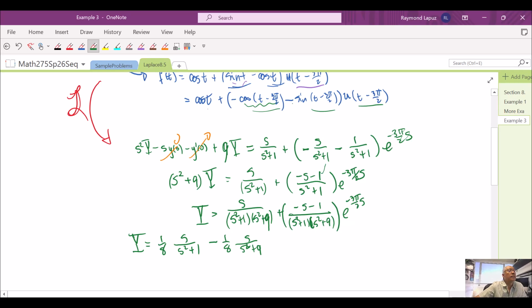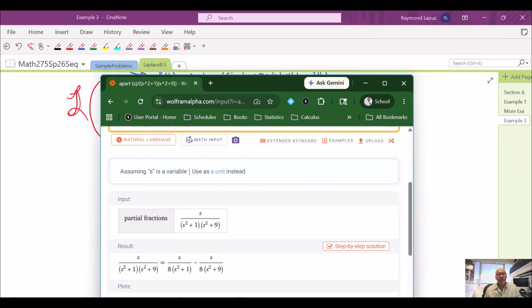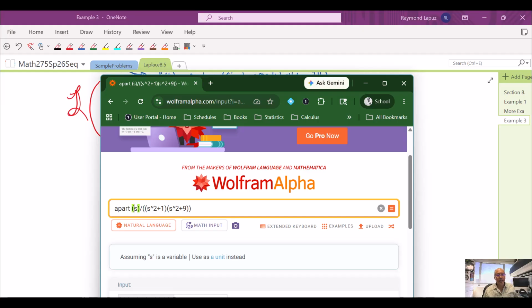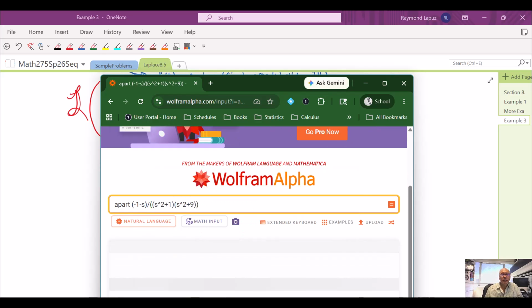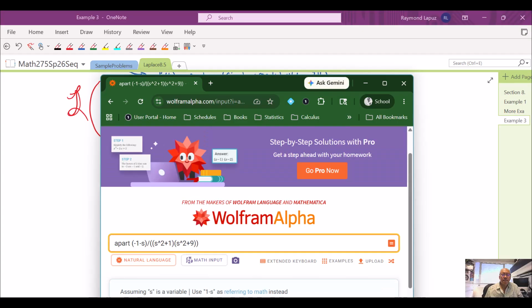Interesting that there's no constants up on top. And then now this thing, let's see how this transforms too. If you have the previous command here, I just put negative 1 minus s, and with the same denominator should give us our result.